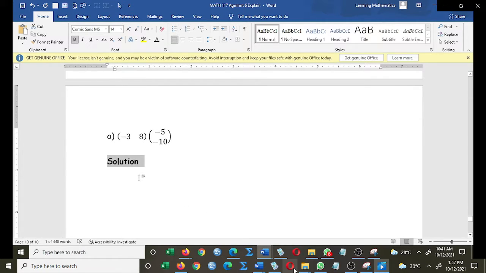What are you multiplying? Yeah, what you said is correct. Multiply the first element. But to me, he said -3 by -5 and -10. No, it's a 1 by 1.